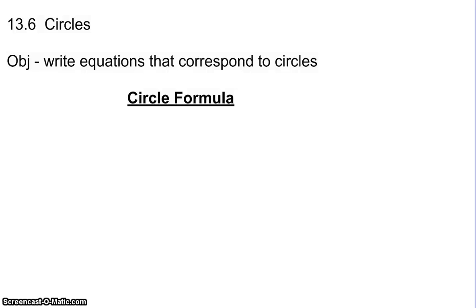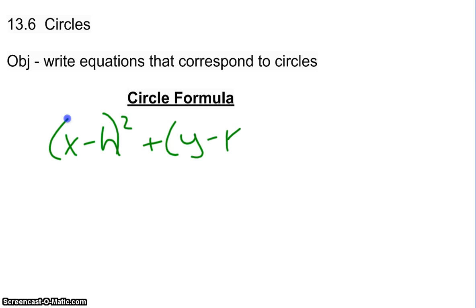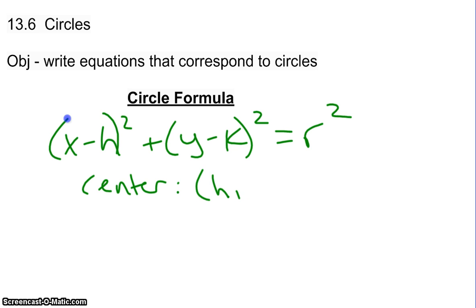The next part we're going to review talking about circles and the circle formula, if we recall from review. And then what we need to remember here is that the center is h comma k within this formula, and the radius is r. So we'll need to square root that number, whatever it is, in order to find the radius.